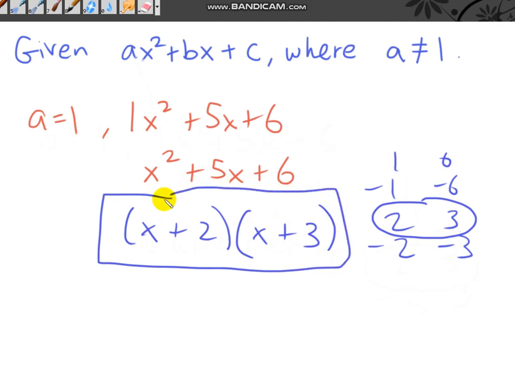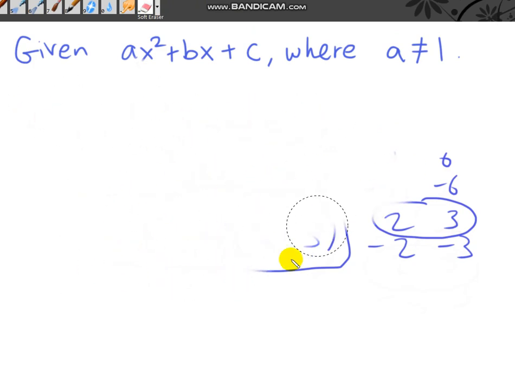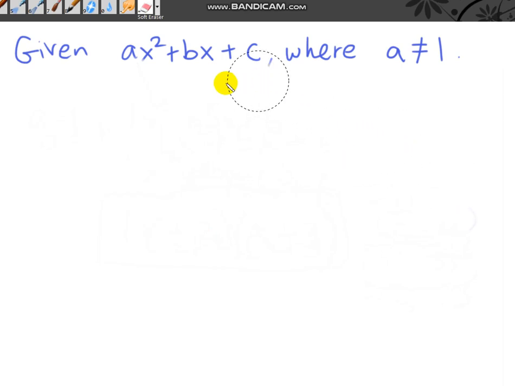So now we're going to get into examples. The easier examples are when a was equal to 1. Now we're going to deal with cases when a is not equal to 1. I'm going to clear the screen here, and let's go through some of these examples.